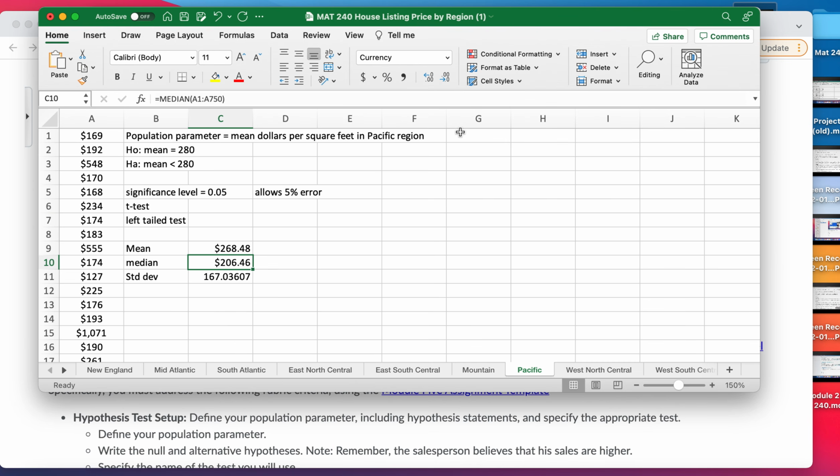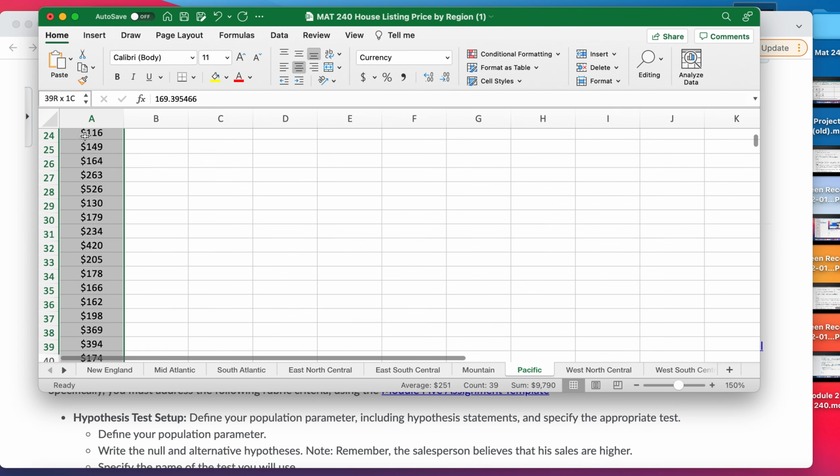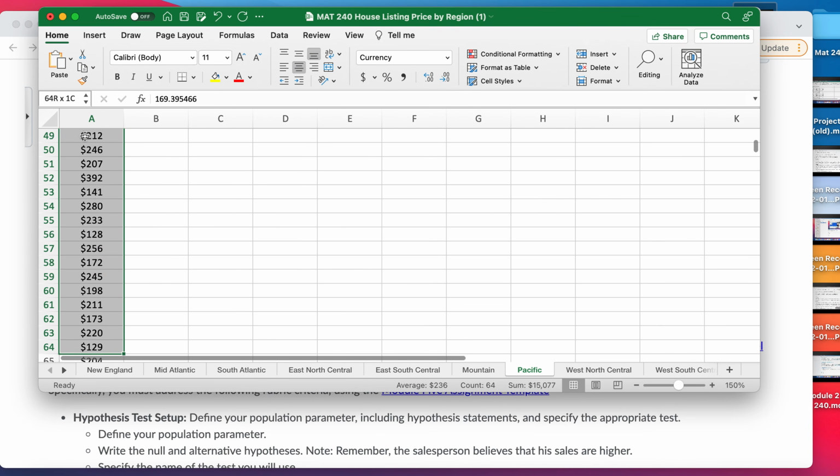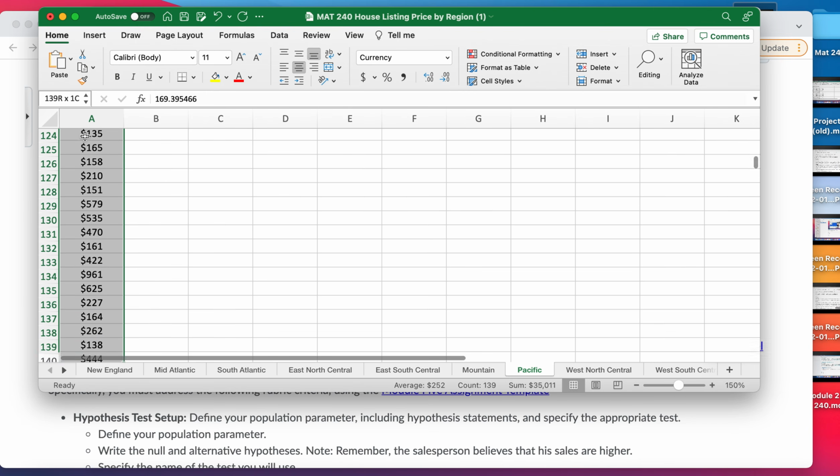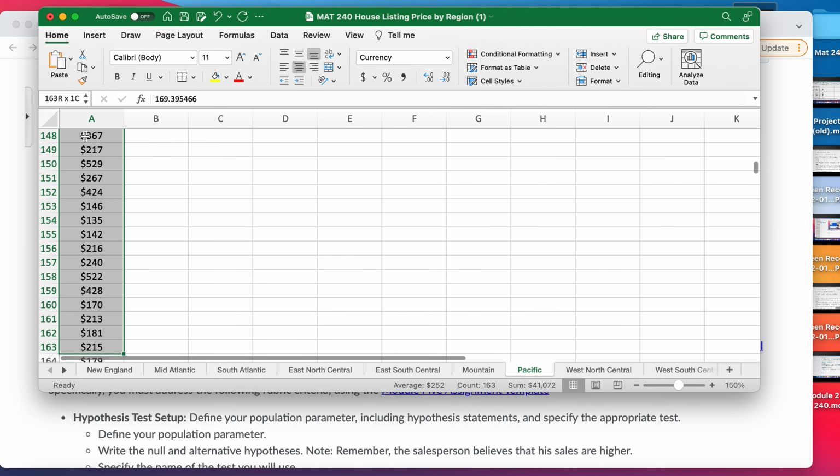Please remember you should only have one column of numbers. So that means we need to go all the way down and highlight all of our numbers. Let's talk about a histogram while we're doing this. A histogram is a bar graph, and it puts the numbers in like groups.